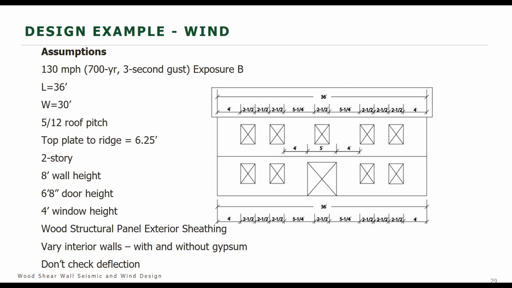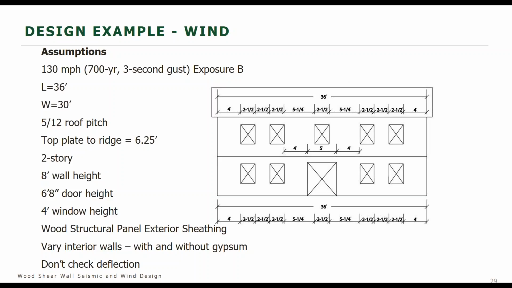Our roof pitch is 5 in 12, and we have a top plate to ridge height for our roof of 6.25 feet. As we mentioned, it's a 2-story structure. Our walls are 8 feet high, and we have a door opening that is 6 feet 8 inches high, and our window heights are 4 feet.